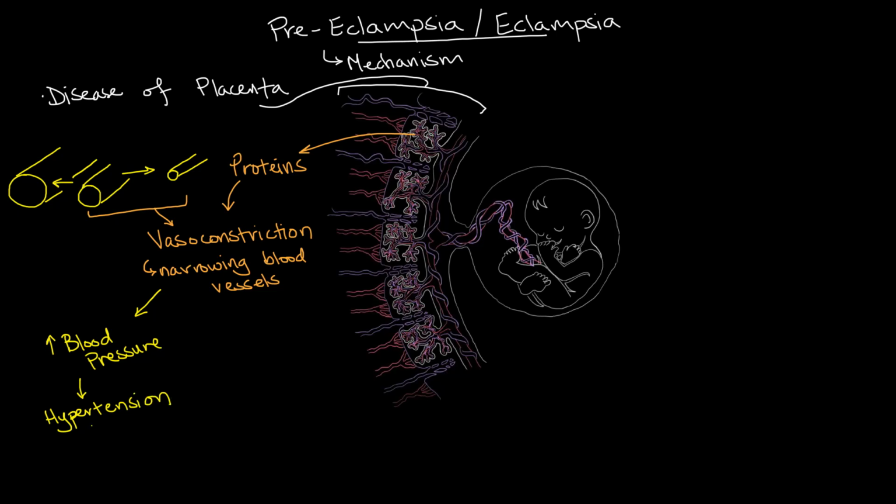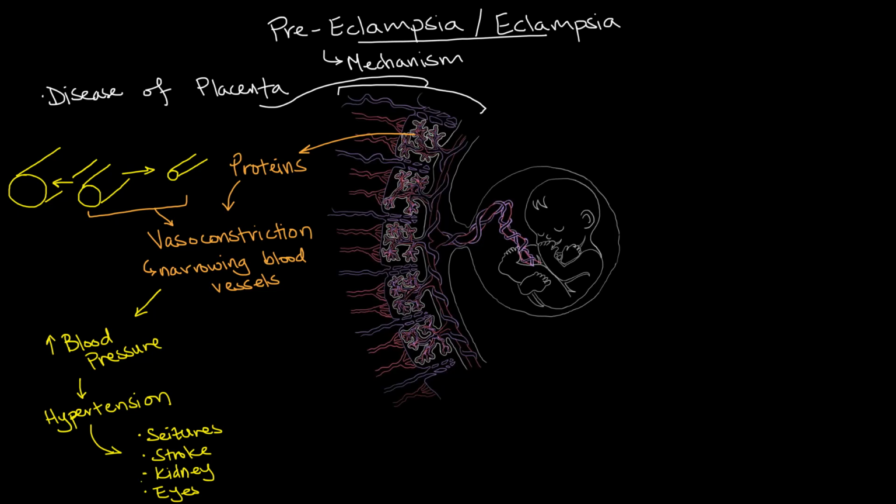This hypertension is what leads to most of the side effects associated with preeclampsia or eclampsia. That includes things like seizures, strokes, kidney damage, and damage to your eyes. We'll talk in another video a little bit more about these side effects and lab tests that you can run to identify eclampsia or preeclampsia, and how they come about based on this hypertension.